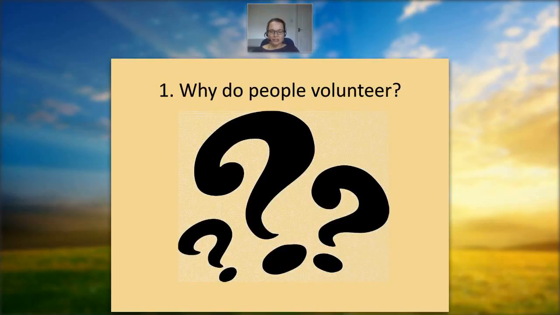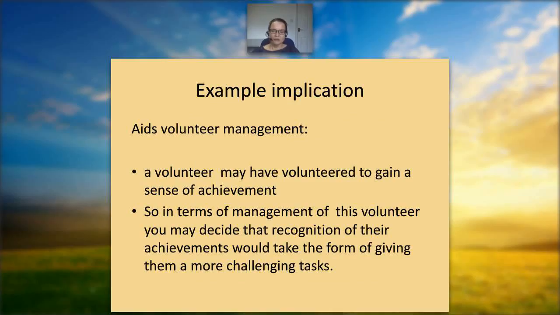That might be an interesting read for you. So what are some of the implications in terms of why people might want to volunteer for your organisation in terms of how you look after that volunteer?